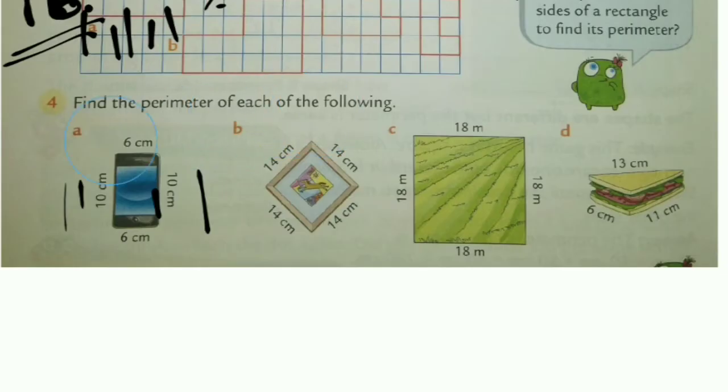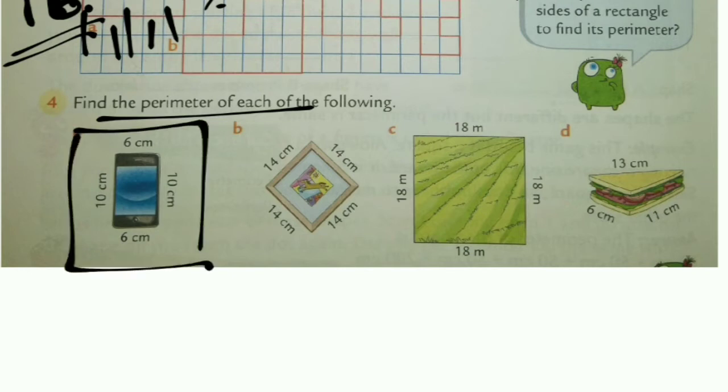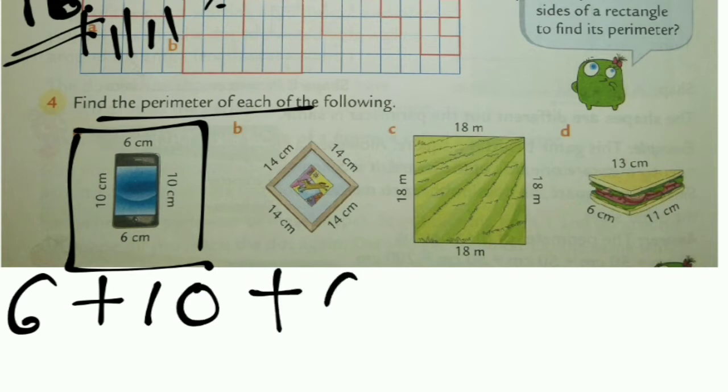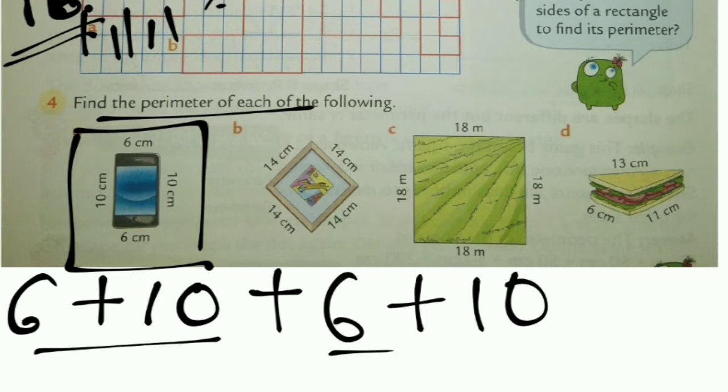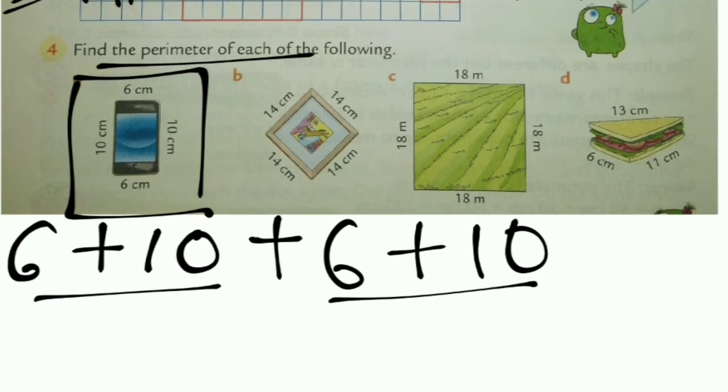Next one. Question number 4. Find the perimeter of each of the following. In this one, just now I told what is perimeter. Perimeter means the distance around the object. So, distance we can say is the sum of all the edges. Okay. So, that will come 16 plus 16 is 32.